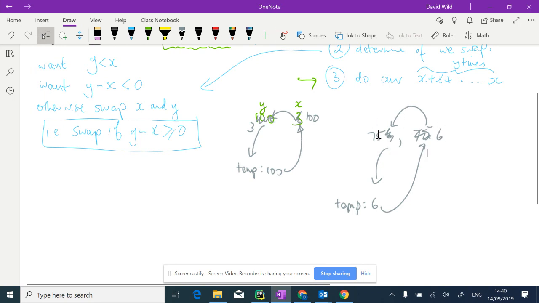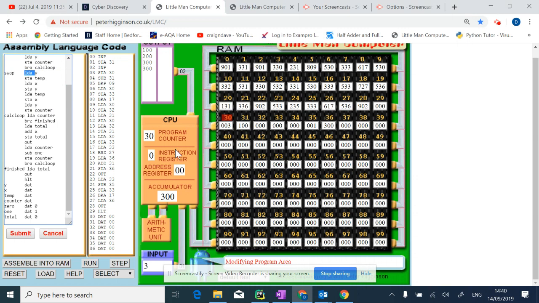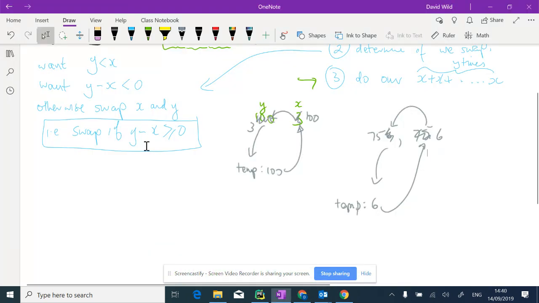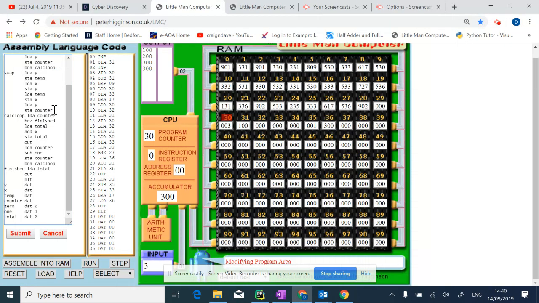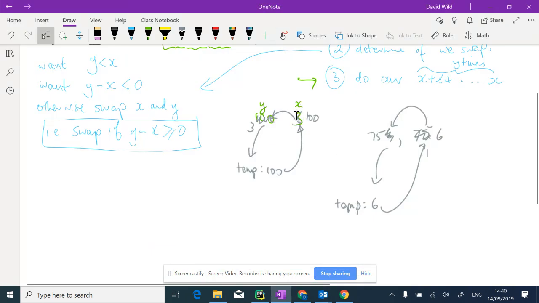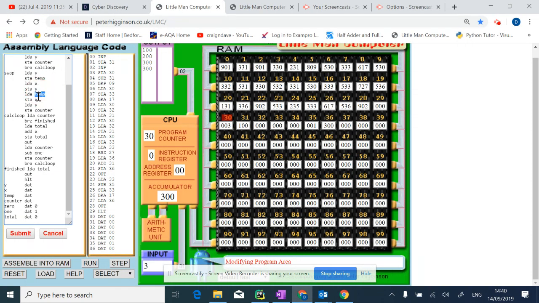I'm loading up y, and then I'm going to store that in the temporary variable, and then I'm going to load up x. So load up this variable x, and I'm going to store that in y. Then I'm going to load my temporary variable, I'm going to store that in x, and then I'm going to load that y and store that in my counter, because remember, y is my counter.